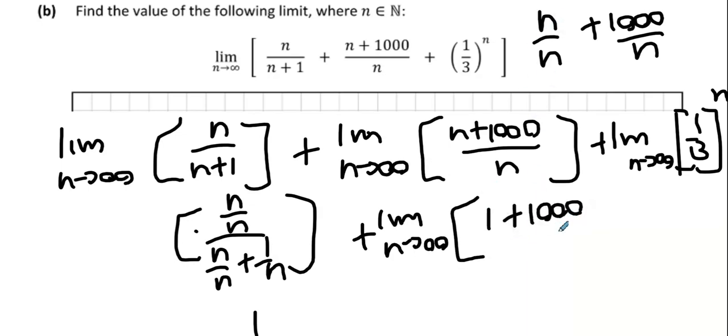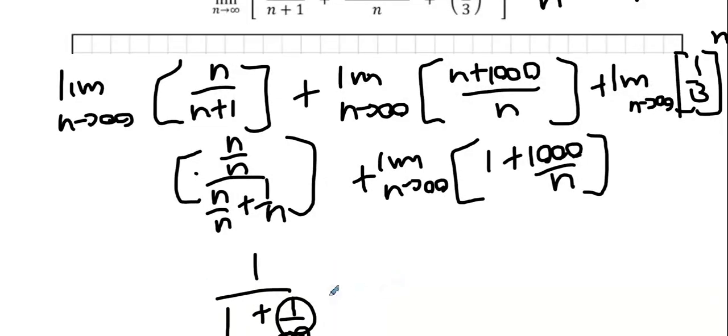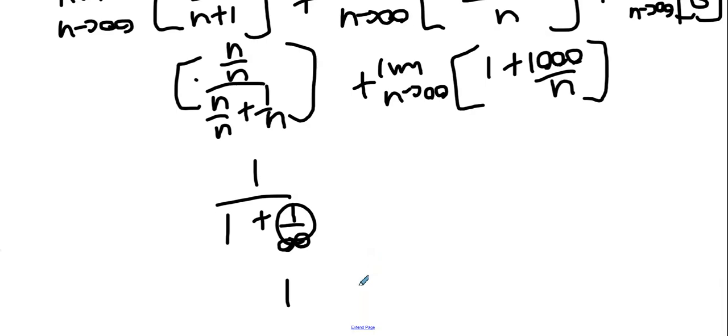What's 1,000 divided by n? What's 1,000 divided by an absolutely gigantic number? 0. 1,000 euro divided by everybody in the world, you'd be lucky to get 10 cents. Yeah, but less than that. Practically nothing. So what can I say about the second part? Second part's going to be 0.